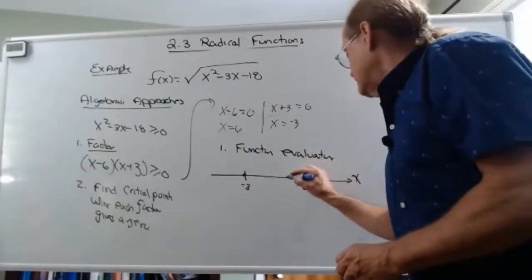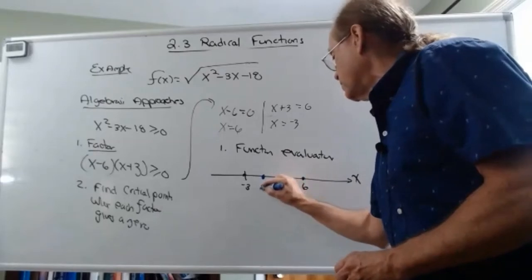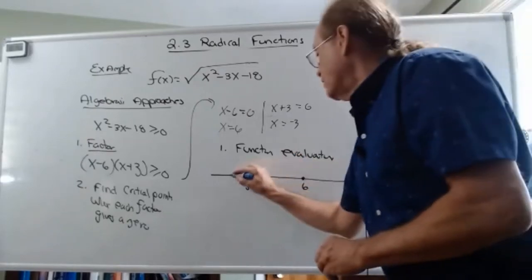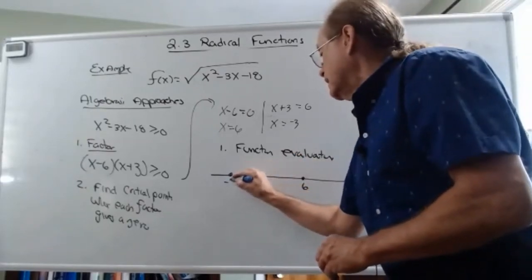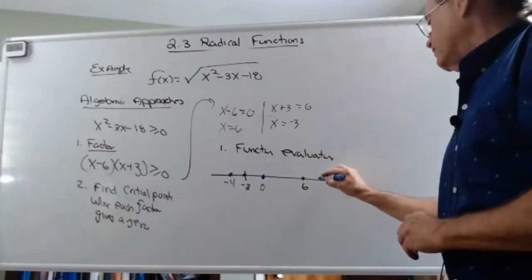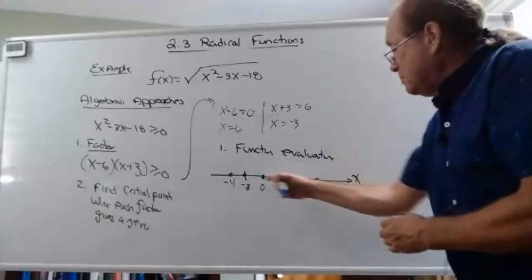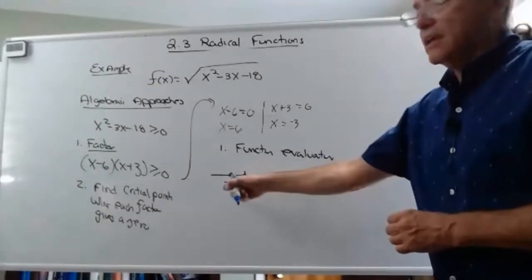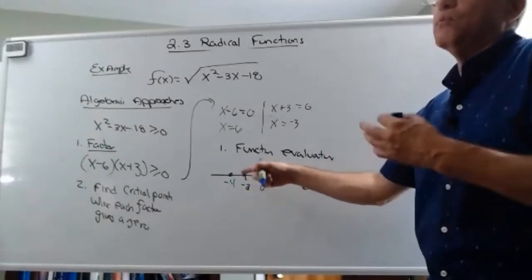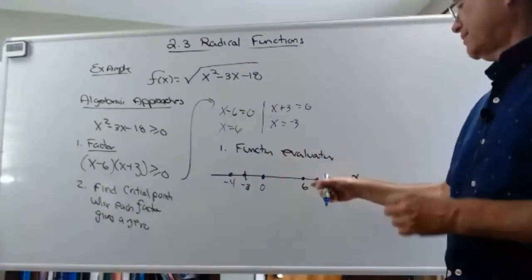I'll pick a point right here, which is 0, an easy point. Pick a point over here, which is negative 4. And I'll pick a point over here, which is a positive 7. Those are arbitrary. Any point on the interval will do it. I could take negative 5, negative 3.1 if I wanted to, or a positive 6.1.